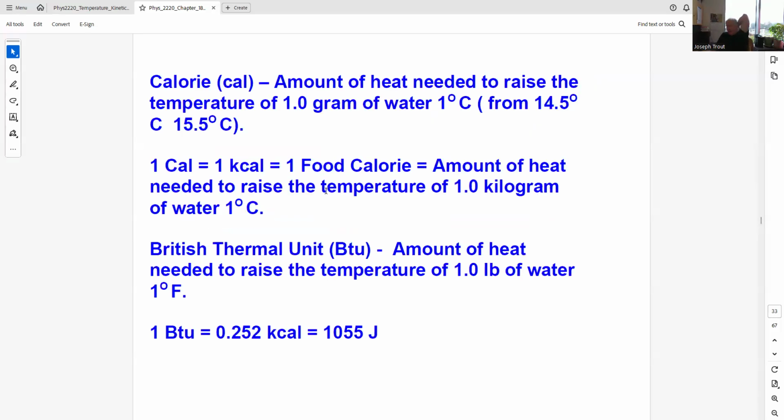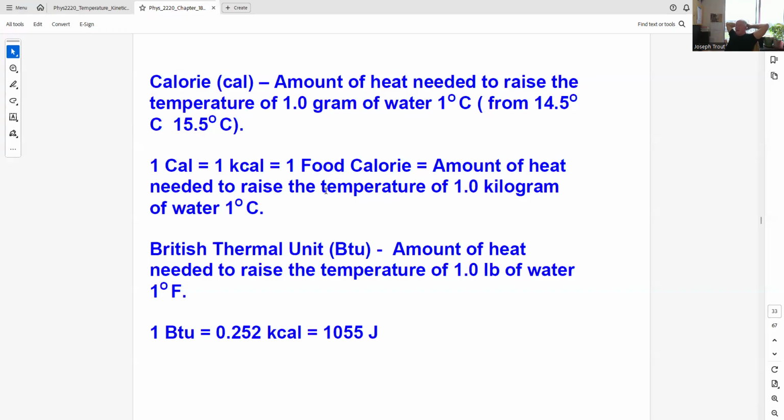Okay, so let's talk more about heat. We defined a calorie, with a small lowercase c, to be the amount of heat needed to raise the temperature of 1 gram of water 1 degree C, from 14.5 degrees to 15.5 degrees. A food calorie is actually a kilocalorie, because the calorie was just too small of a unit to use for food.